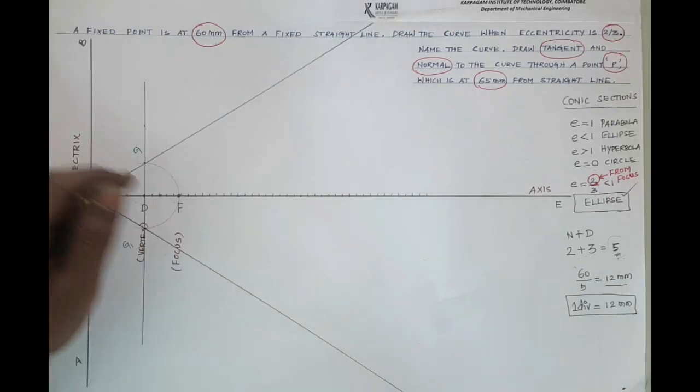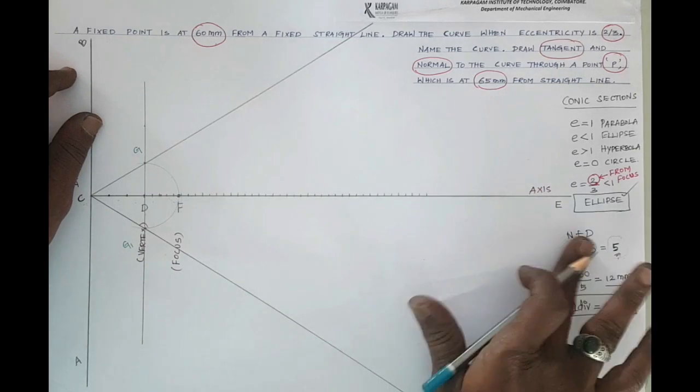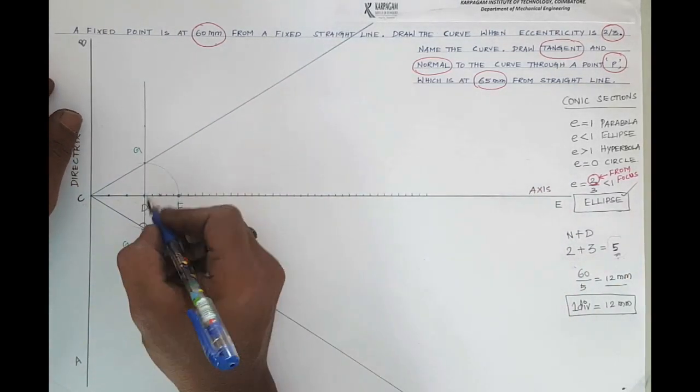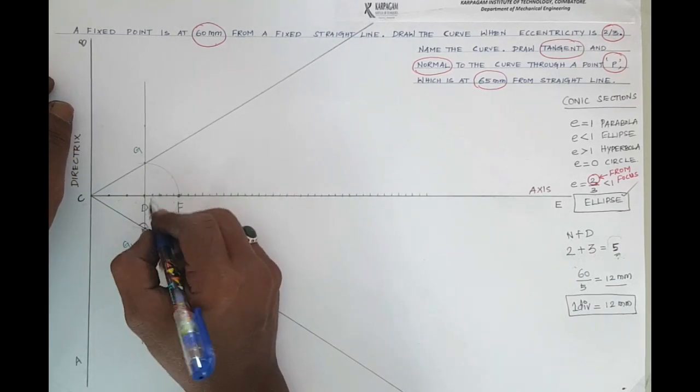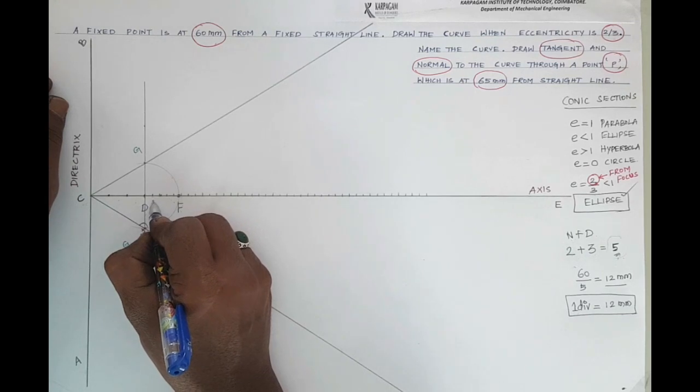Okay. The next step is to give names for those 5 mm points. For better visibility, I will write using this blue pen. Mark the first 5 mm point as 1.